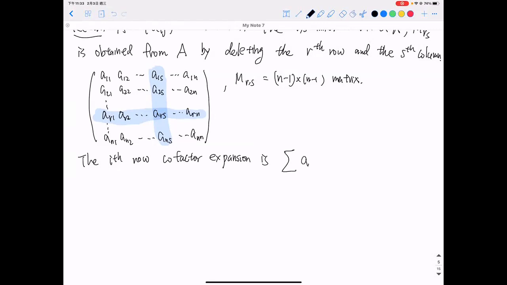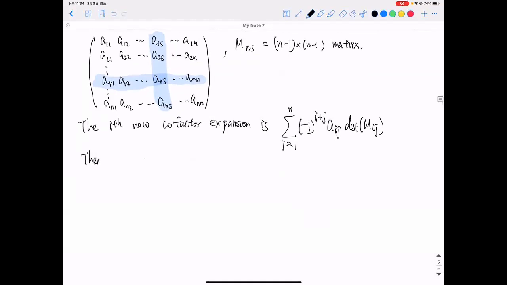You're looking at the ith row, so there's always a sign (-1) to the i plus j, Aij, i is fixed, determinant of Mij, where you let j run. Right, ith row, j goes from 1 to n.